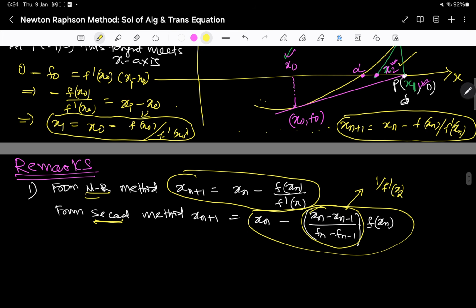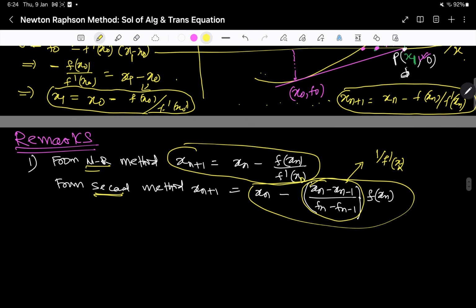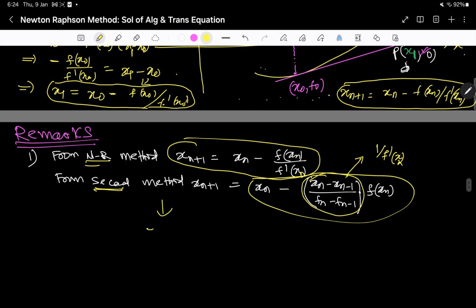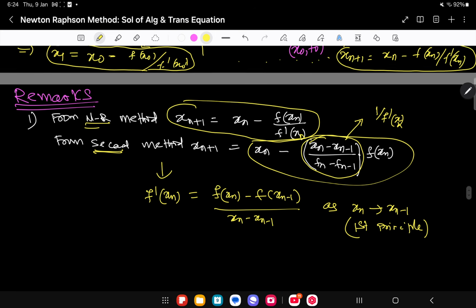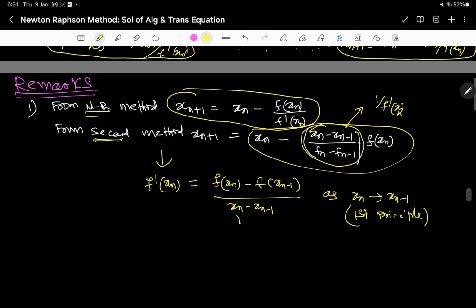My f dash xn will be f(xn) minus f(xn minus 1) divided by xn minus xn minus 1. So as xn tends to xn minus 1, is it not the formula from the first principle? That means this xn and xn minus 1 are very close.